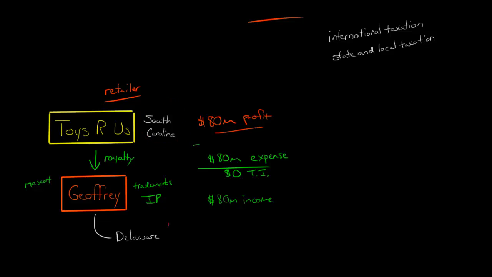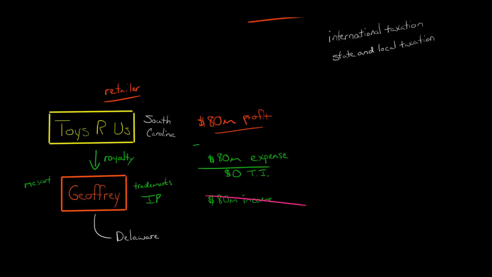Jeffrey was headquartered in the state of Delaware. South Carolina is a U.S. state, Delaware is a U.S. state. So Jeffrey is in Delaware, where corporate royalty income is not taxed. So even though Jeffrey has $80 million of income, to Delaware, it's not taxed.